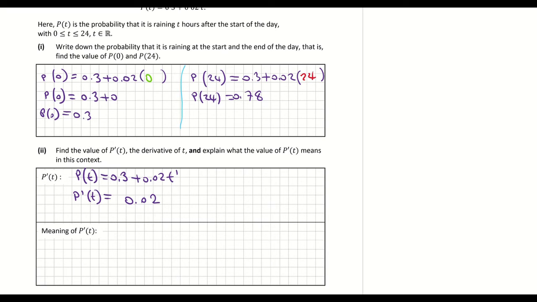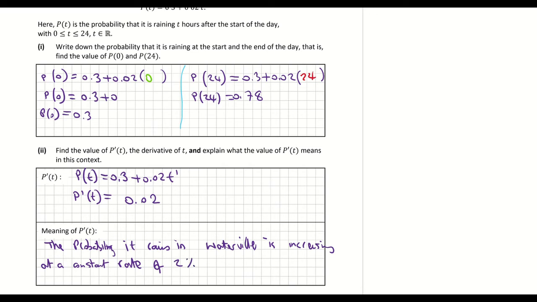So I have a constant rate of change there, as it's a constant without a variable for T. So I'm just going to state the probability it rains in Waterville, the town, is increasing at a constant rate of 0.02 as a probability, as a percentage, that's 2%, so multiplied by 100, 2% per hour. So that's what that basically means.